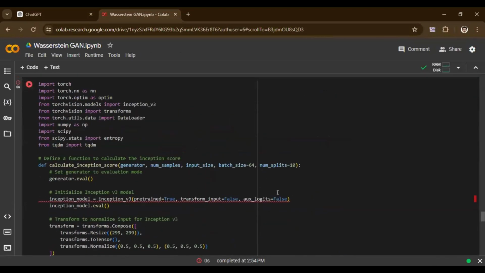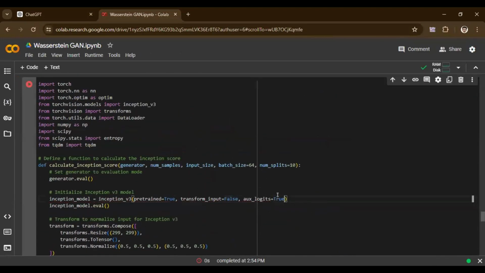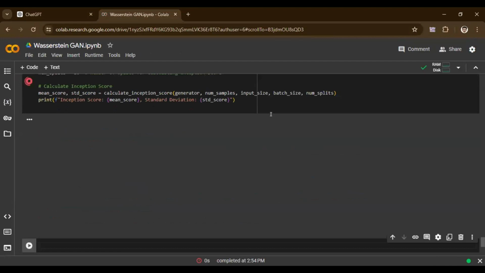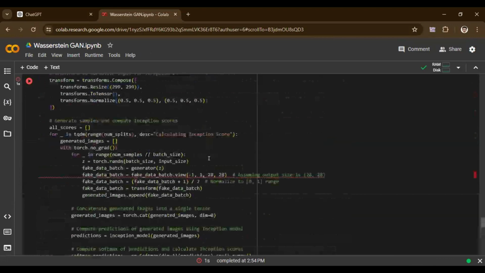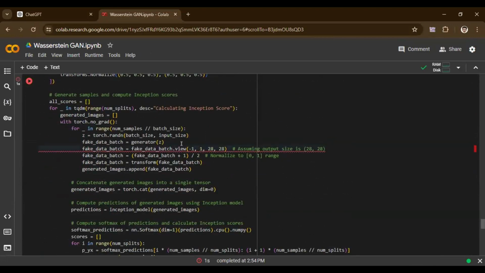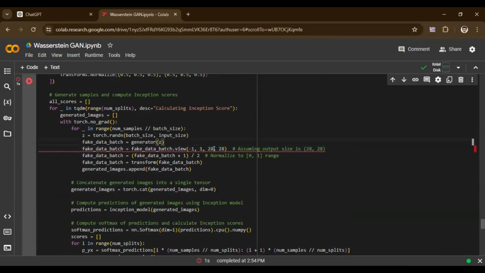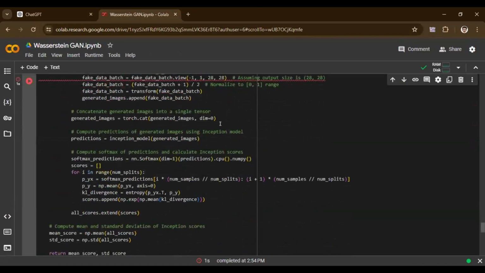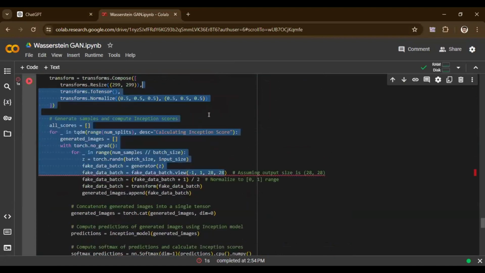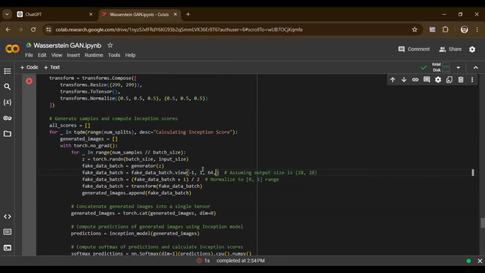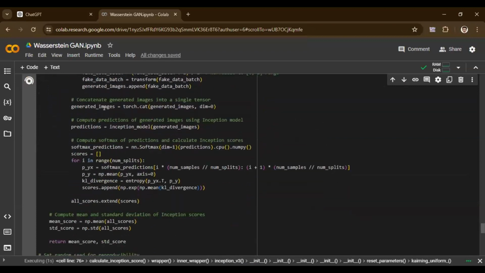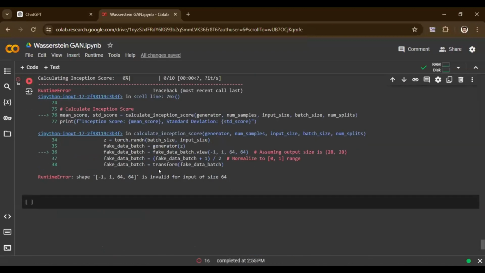Okay, still using the false. Change it through GAN. I wonder if we can change the data batch to 64 by 64. Let's try it out of curiosity.